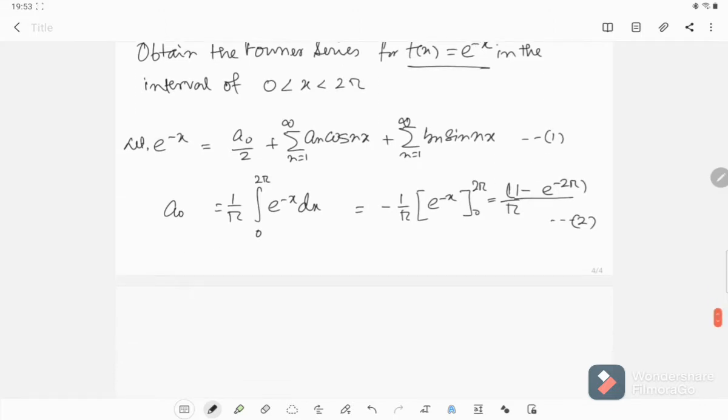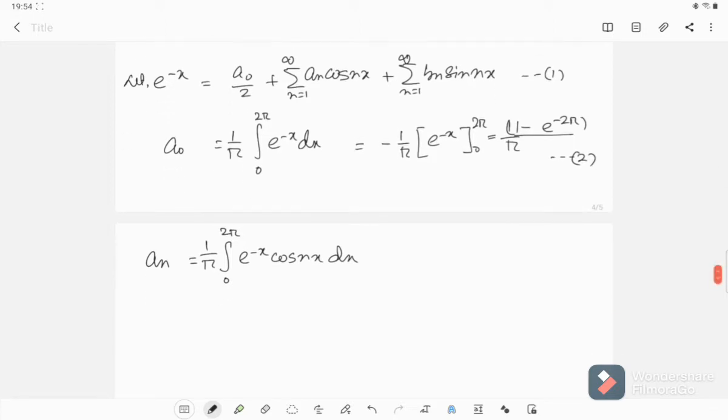Now I shall find an here. So we know that an should be equal to 1 by pi integral from 0 to 2 pi of e to the power minus x cos of nx dx, right? So we have to calculate this integral. Here we are putting equation number 3.